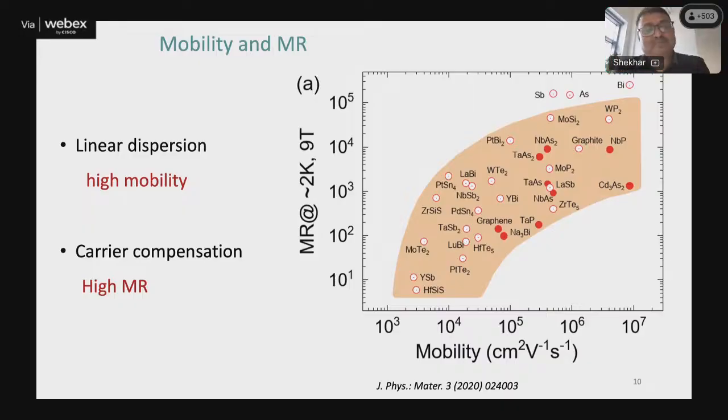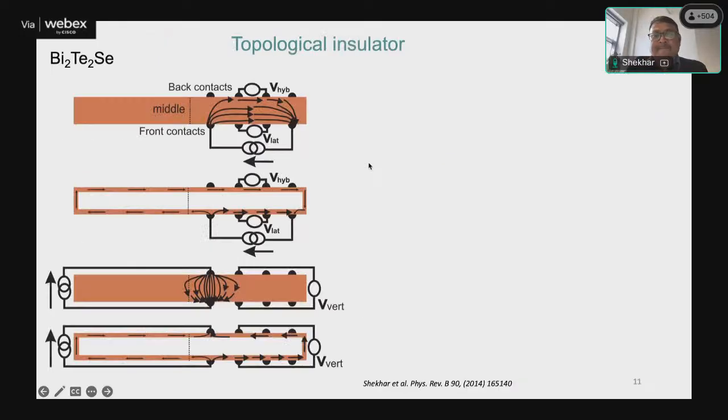In the basic structure, band dispersion measures the mass of the charge carrier. But once we have a very low slope, we can expect a low effective mass. So that means due to topology, we can expect high mobility.